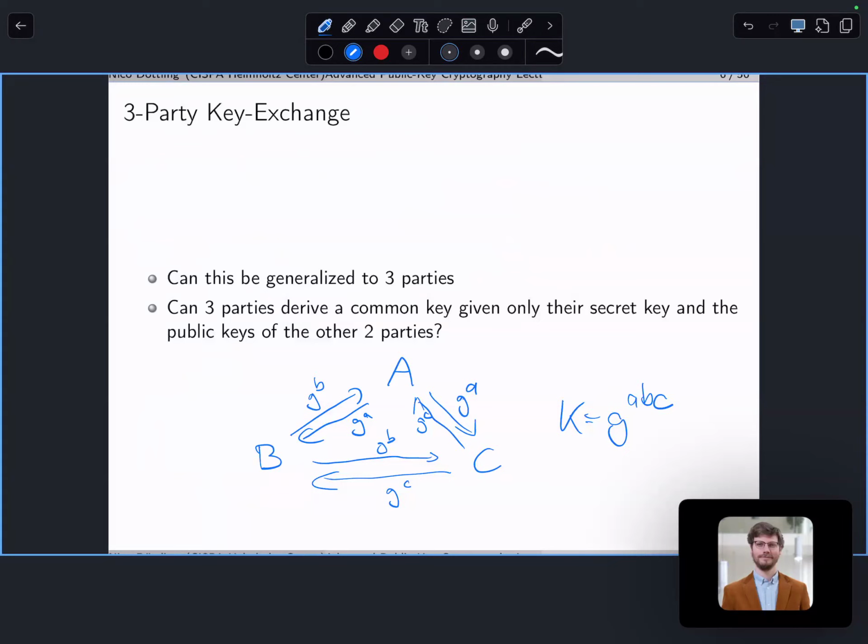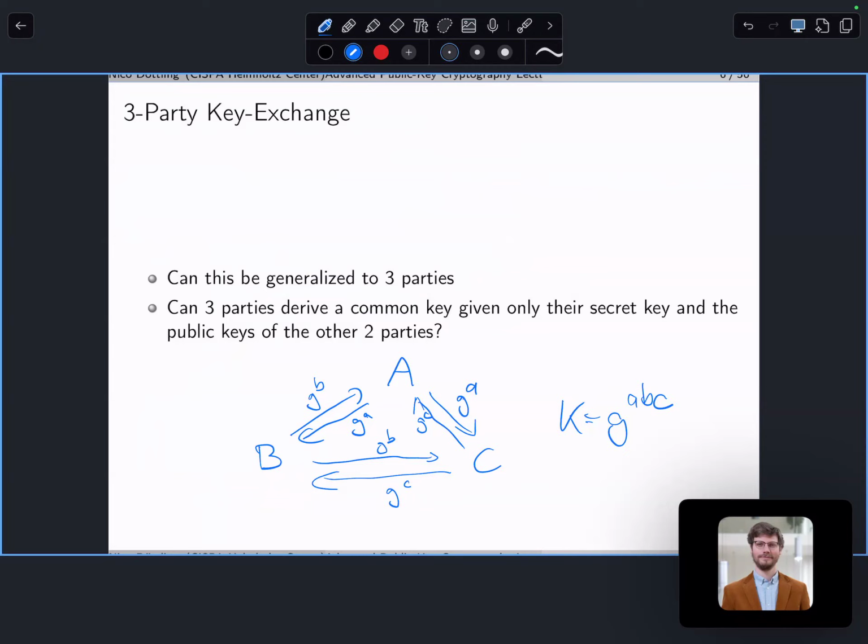But the generalization, three-party key exchange, would be an ad hoc mechanism to generate keys for every triangle in a graph. Alice, Bob, Charlie, we want them to generate a key that's unique to such a triangle. And we thought a little bit about this.